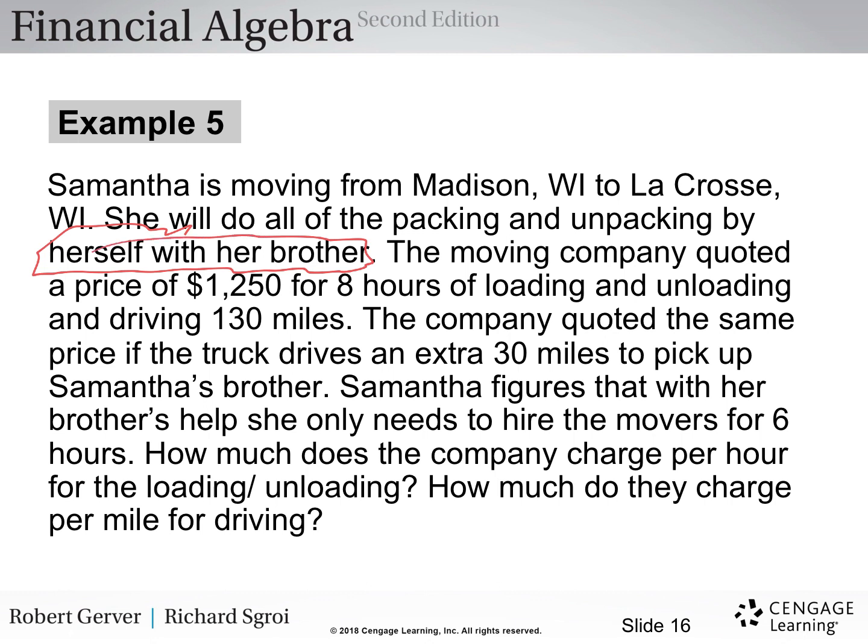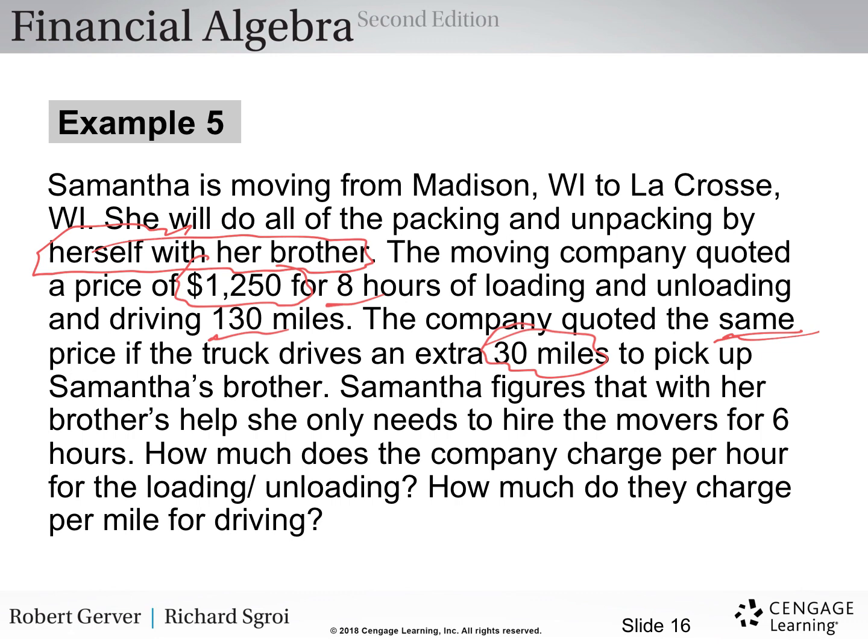The moving company quoted a price of $1,250 for 8 hours of loading and unloading and driving 130 miles from Madison to La Crosse. The company quoted the same price, okay?